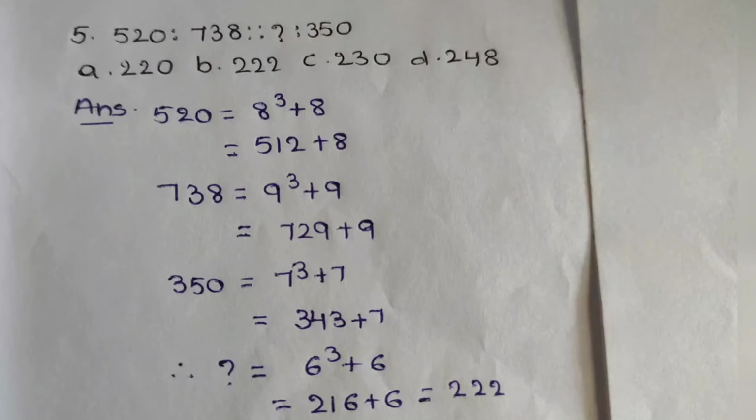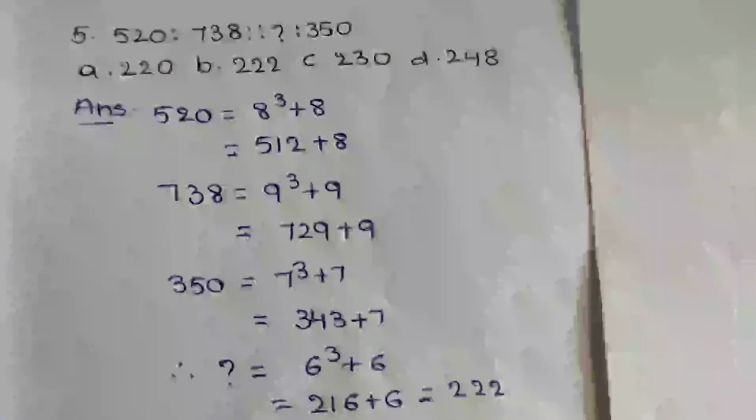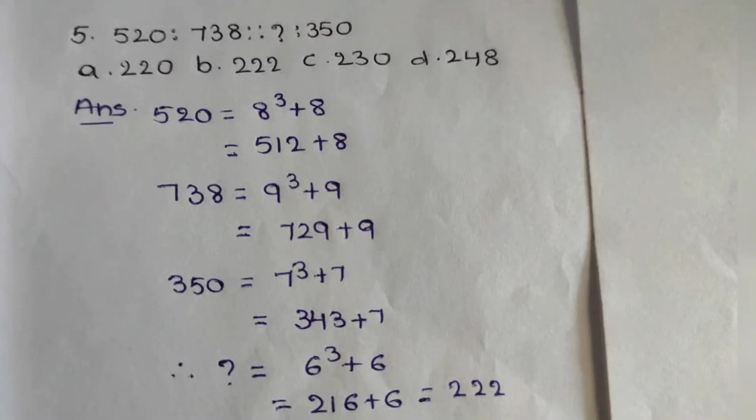So here in the question mark place we have to find out the answer. So we have used the x cube plus x method here. So in the place of x we are using 6. So 6 cube plus 6 is nothing but 216 plus 6, which is nothing but 222. So the option is B.